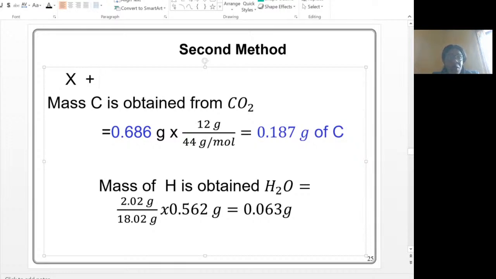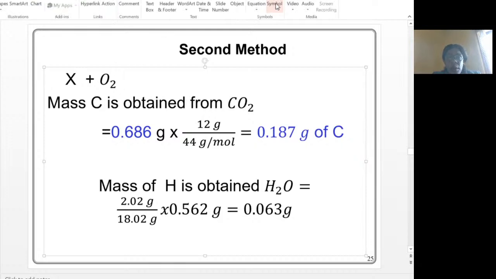Using the method of combustion analysis, you burn it in excess oxygen, which basically just means reacting it in excess. When you burn it in excess oxygen, what are you going to have? You're going to have carbon dioxide and water.